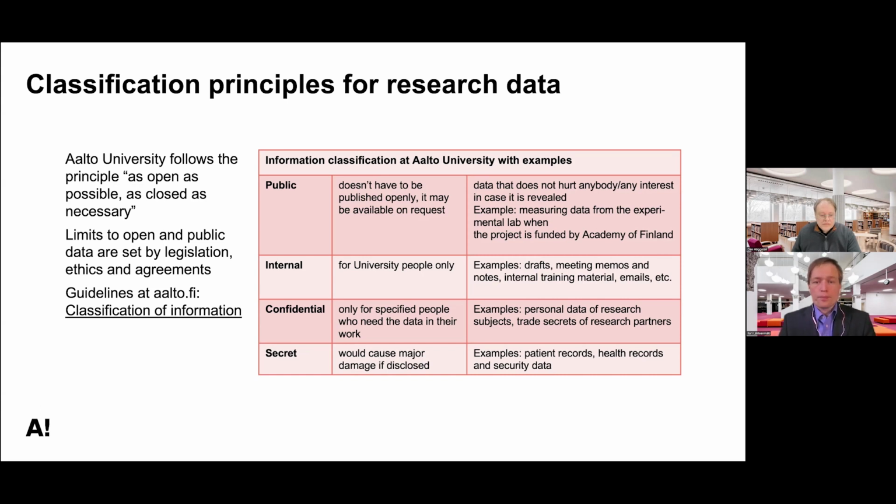And above confidential, we can even have one higher class of security called secret. That's when the data would cause major damage if disclosed. Typically, we call this kind of data patient records, health data of an individual, or some security-related data. But today, we'll have further examples, and we'll look further at the classes confidential and secret and what they typically include.